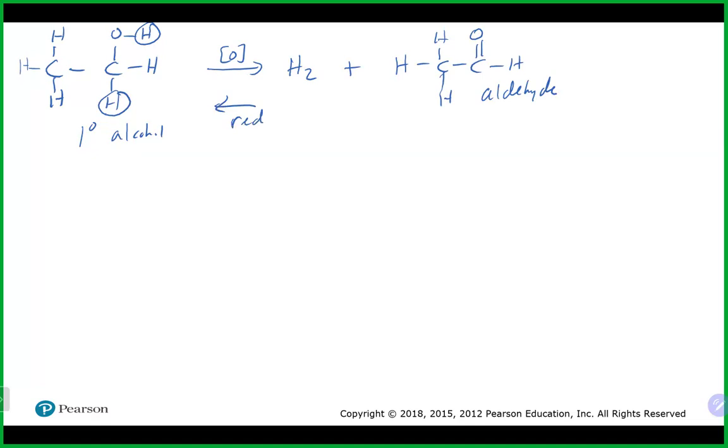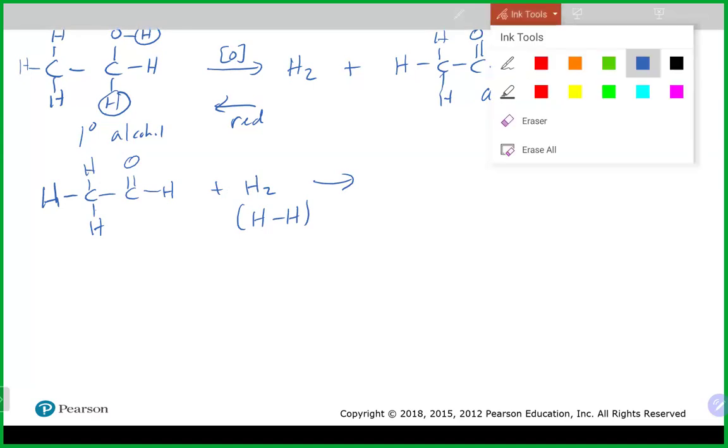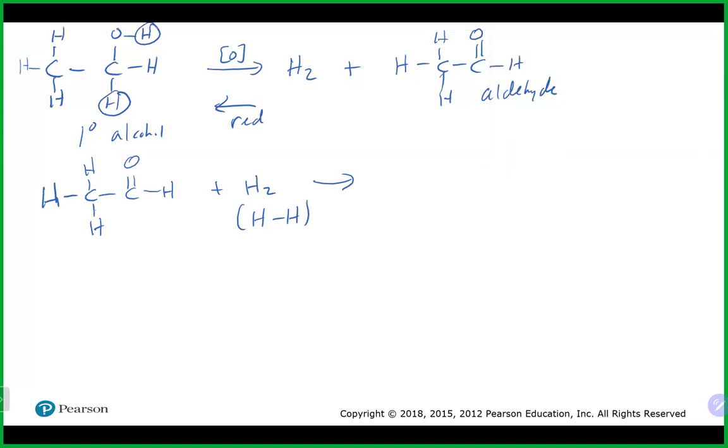So if you started with the aldehyde here, so let's just say we started with the same aldehyde, and we're going to add H2 to it, which again is essentially H and H. And really this reaction is pretty much identical to the alkene reaction where we talked about the hydrogenation, where we had the double bond.